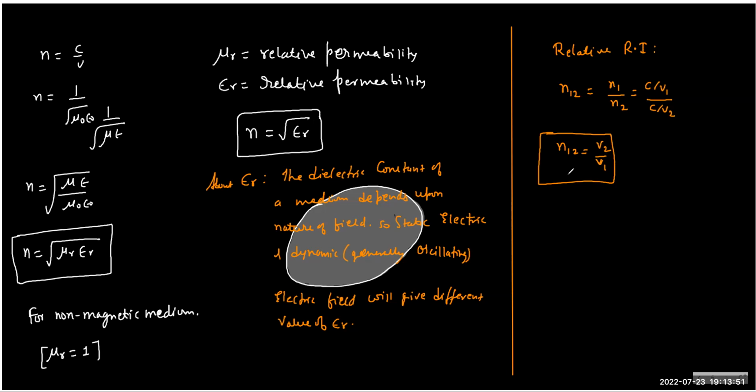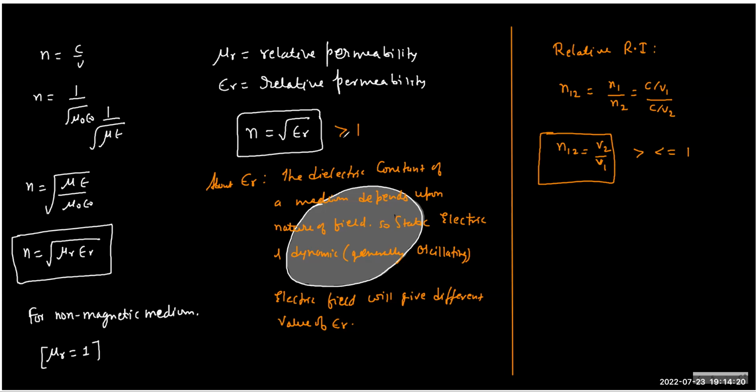So if you enter a denser medium, v2 will be less than v1. So n12 can be less than 1. So relative refractive index can be less than 1, more than 1, or equal to 1. So we are talking about a relative one, which is possible. Absolute is always more than 1.